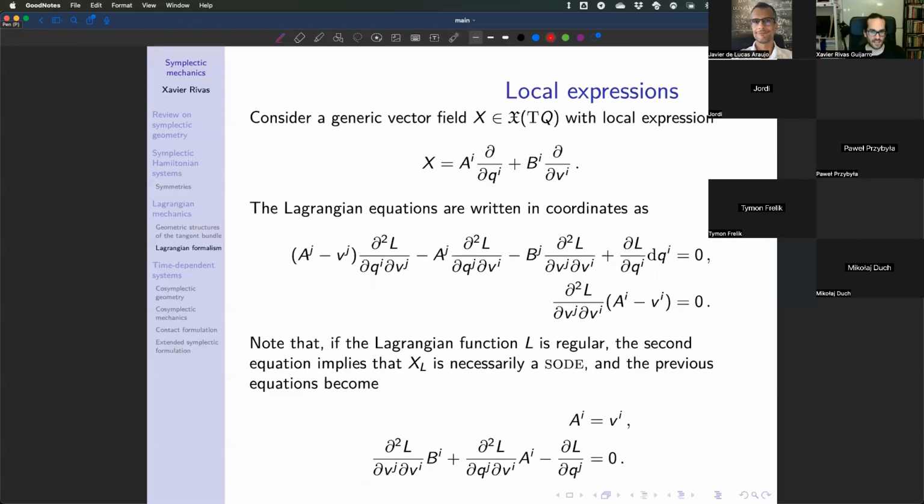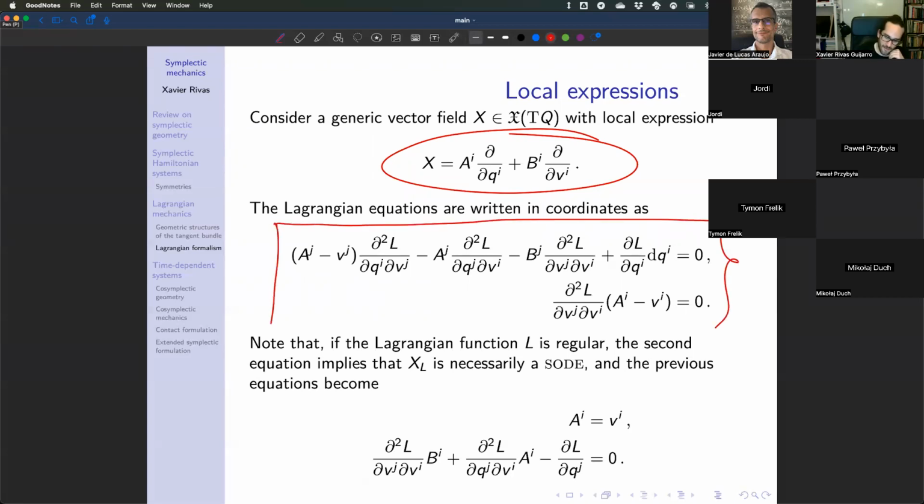In local coordinates, let's see, because now we are going to obtain the Euler-Lagrange equations. Let's grab an arbitrary vector field and impose the Lagrangian equations. Imposing the Lagrangian equations in coordinates, with a little work, you get to here. We obtain this.